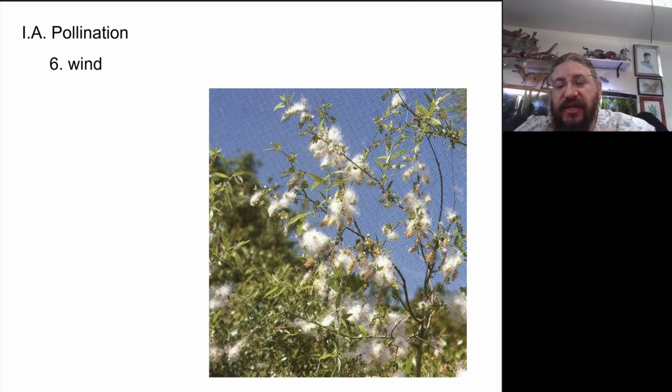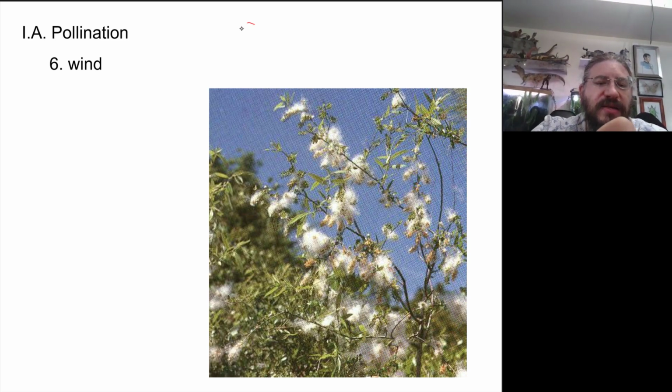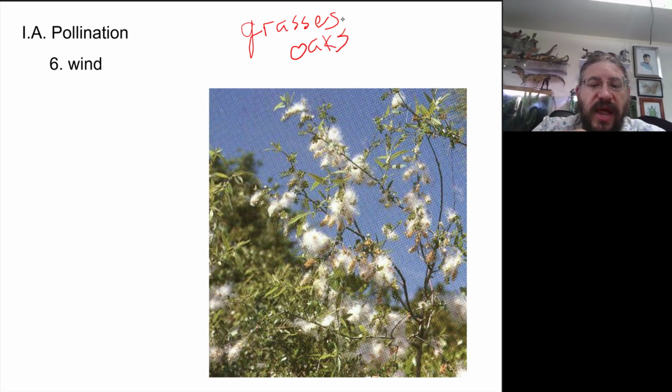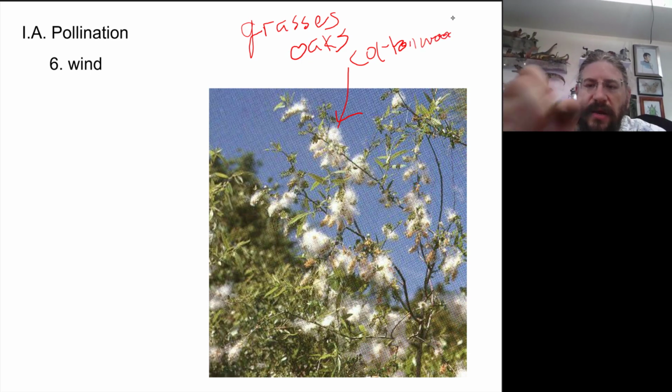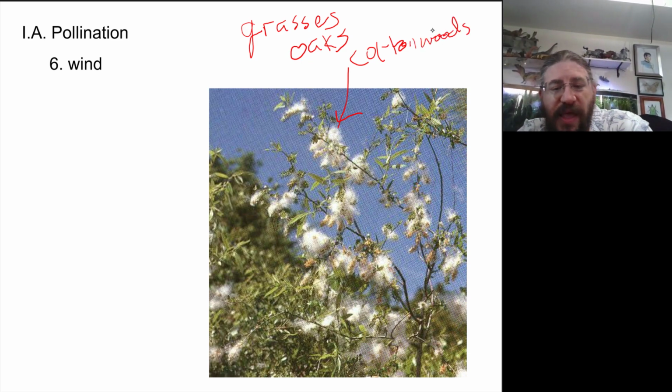Wind pollination. There's still wind-pollinated angiosperms, right? So a lot of grasses, a lot of oaks, definitely cottonwoods. Cottonwoods are fantastic at generating large amounts of pollen.